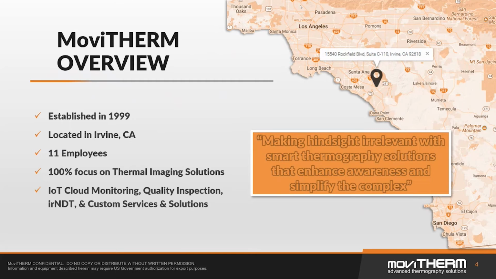By way of review from our Chapter 1 of this broadcast, MoviTHERM is located in Irvine, California. We have been in business for more than 23 years. We have 11 employees and are growing. Our focus is primarily on thermal imaging solutions in industrial applications, including IoT cloud monitoring, quality inspection, infrared non-destructive testing, and we also provide custom services and solutions.